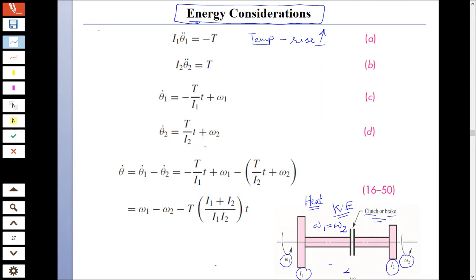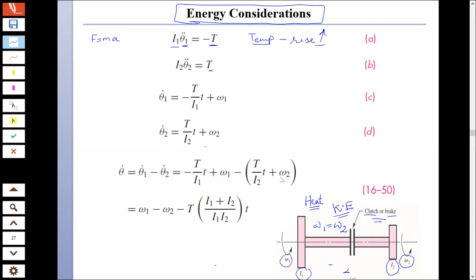So the equation of motion, which is equivalent to F equal to ma, we can write that the torque T will be equal to I1 theta double dot 1, where this is the angular acceleration. So for the first one, that is going to be I1 theta double dot 1 equal to minus T. And since we are applying brakes or clutches, the torques acting on both the shafts are going to be opposite to each other.